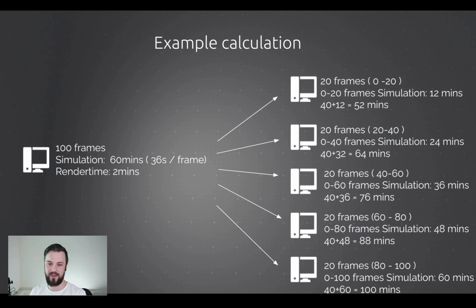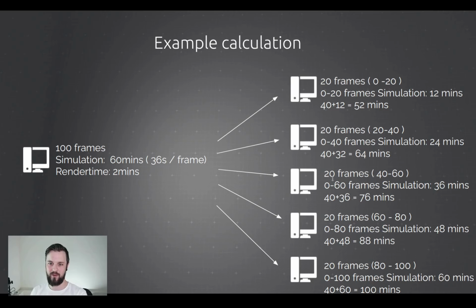So it looks like this, and sorry for all the text, but the way render farms work is that the first one gets the frame range of 100 frames from 0 to 20, the next 20 to 40, the next 40 to 60, 60 to 80, and 80 to 100. And before the machines can render this, because you never cached it, they have to calculate the whole thing again.